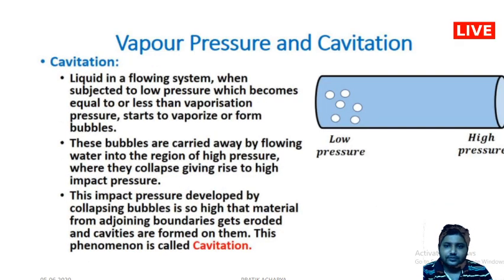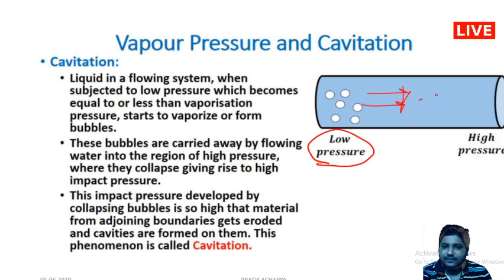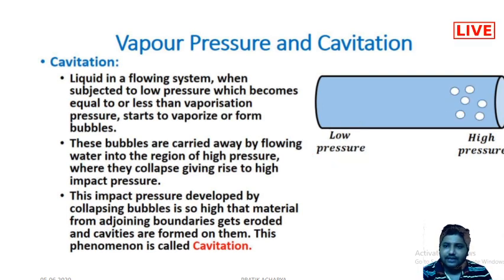When the pressure in a pipe flow falls below the vapor pressure, the liquid starts boiling. So in a low pressure region, bubbles will form. During the motion of the fluid, these bubbles flow along the direction of flow, and when they reach a high pressure region, they will burst.